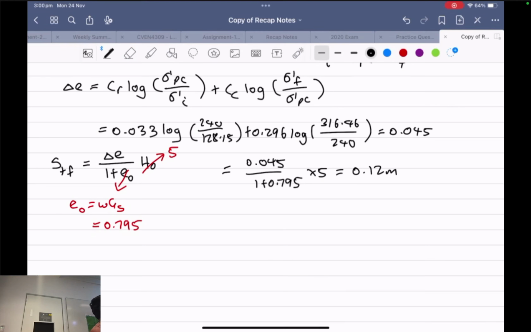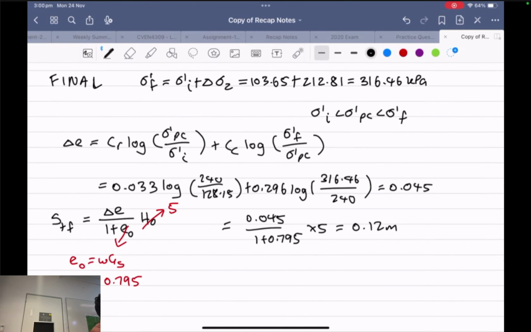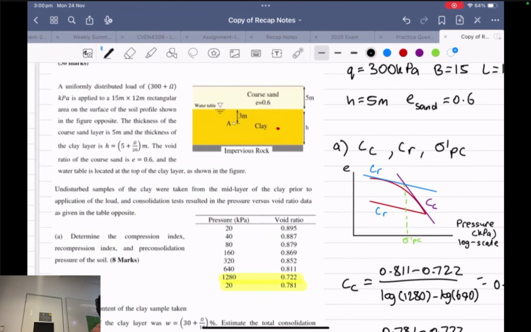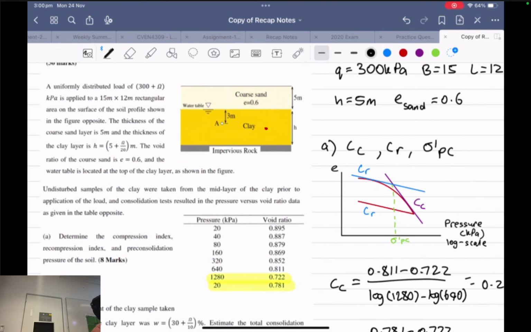How do we get sigma dash PC? Yes. Like I said earlier, because this was an online test, you had to use, when they give you all this data, you can graph it out and find the intersection of the tangents and all that. But we don't have to do that. Normally they would give it to you if you're given an in-person test.